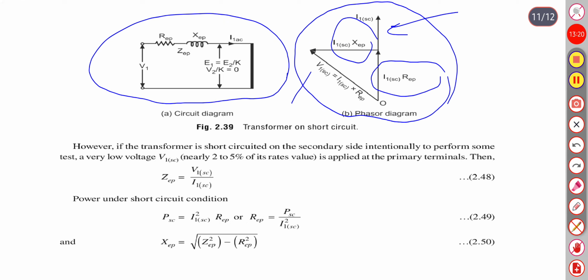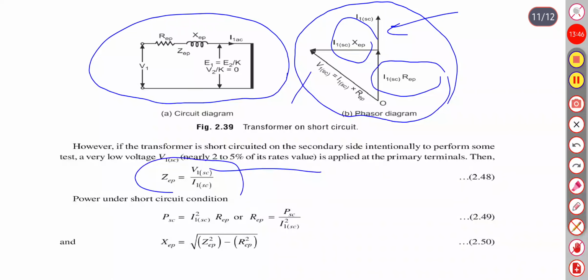However, if the transformer is short circuited on the secondary side intentionally to perform some test, a very low voltage V1SC, nearly 2 to 5% of the rated value, is applied at the primary terminal.